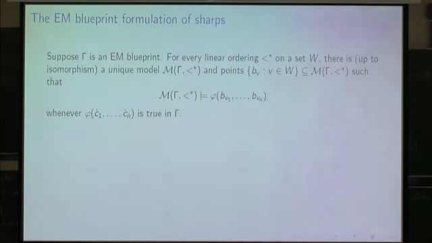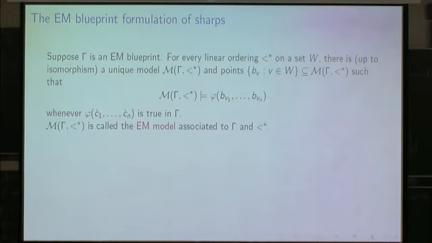So from the EM blueprints, we are able to build the EM models. For every linear ordering, there is, up to isomorphism, a unique model which is generated by the points in this linear ordering, so that this is a model of the axioms when substituting those points. This is a standard model theoretic theorem.